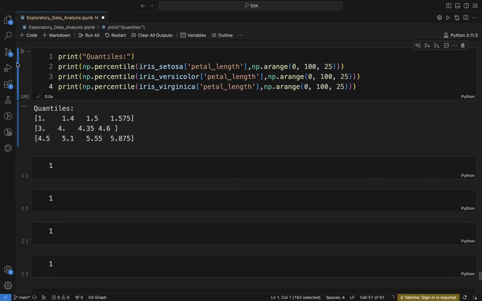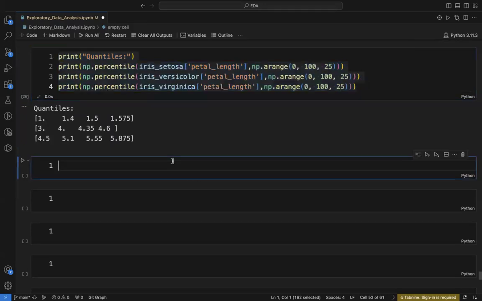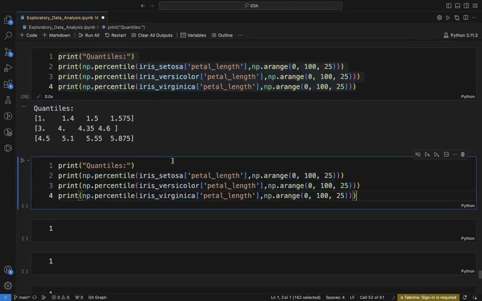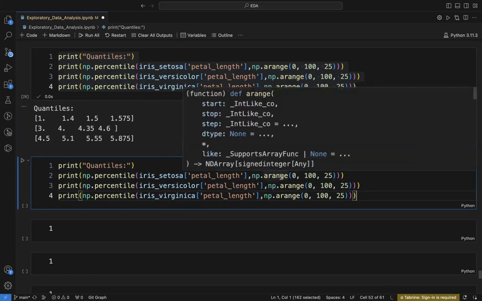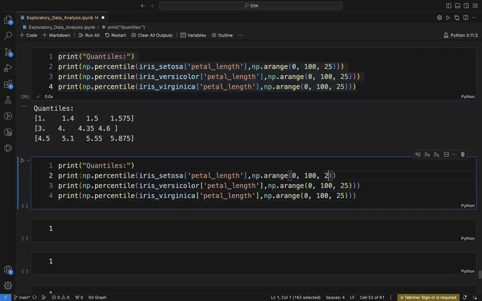Simply what I'm going to do is copy this code from here and paste it in this cell. This time I do not want a range of percentiles, so I do not need to write this np.arange. I will delete all this, and instead of this thing, here I will write 90.